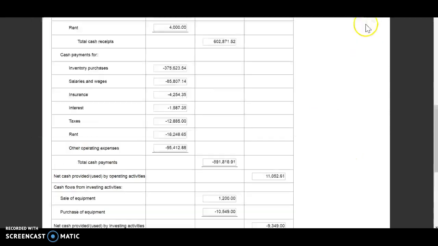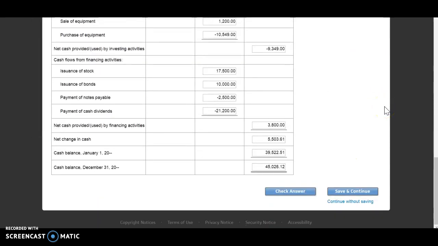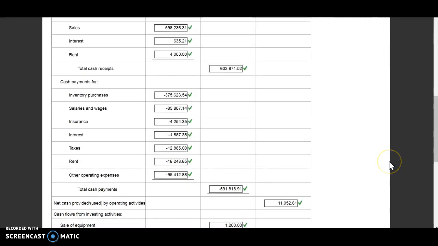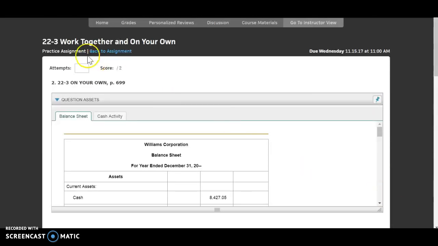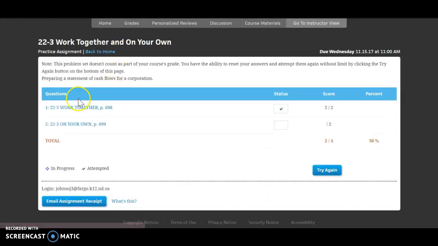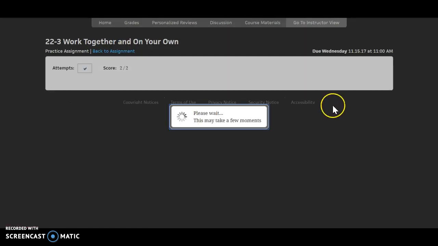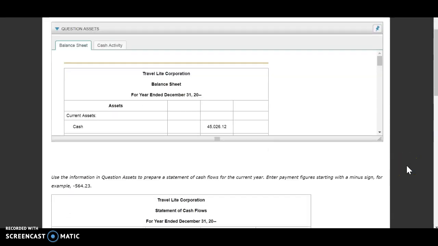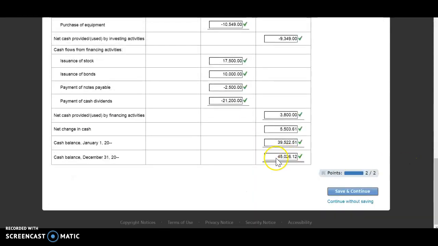Okay, that should be good. I'm checking my answer. I did forget something before I checked my answer, so I'm going to go back in here really quick. One thing that I forgot to mention, a way that we can check our answer before I actually say check answer.